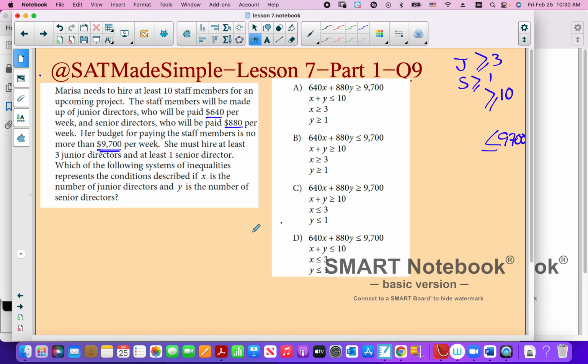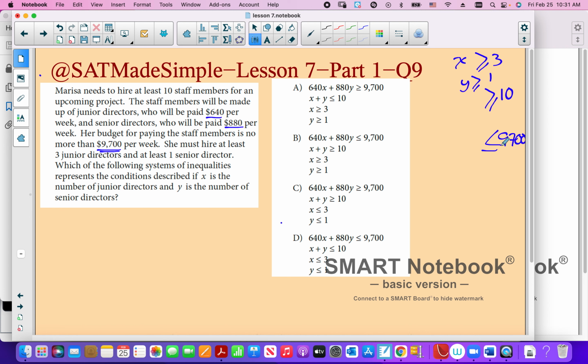These are the inequalities. Now she refers to the junior as X, so I can change this one with X, and the senior is Y. So my X is greater than, my Y is greater than. Without finishing the rest of the inequalities, let me inspect.